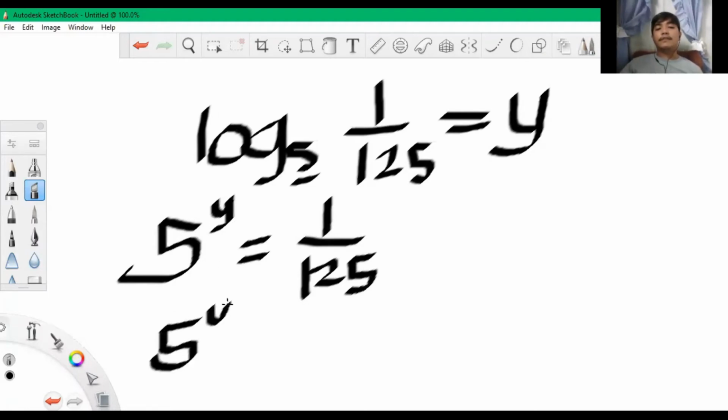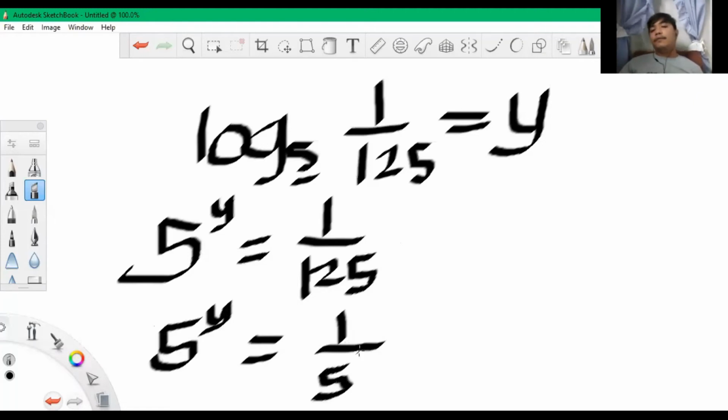Sa exponential form kasi meron na siyang exponential form which is 5 raised to y. And yung nasa kabila yung pwede nating i-modify wherein we have 1. And yung 125 pwede natin siyang i-convert na 5 ang kanyang base. However, what should be the exponent of 5 in order for it to be equivalent to 125?